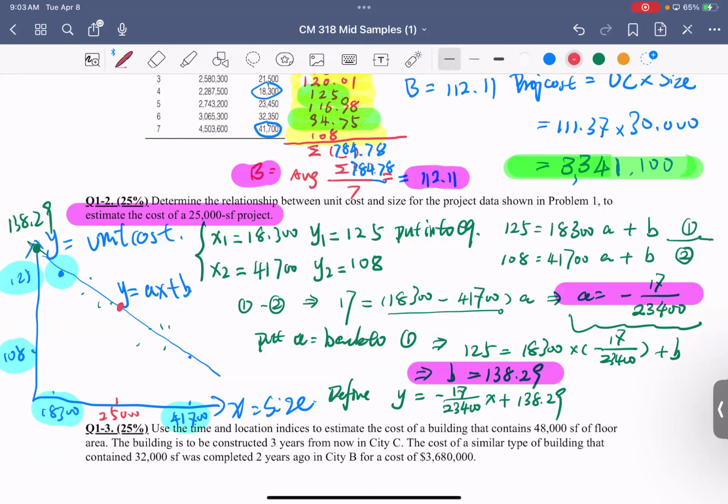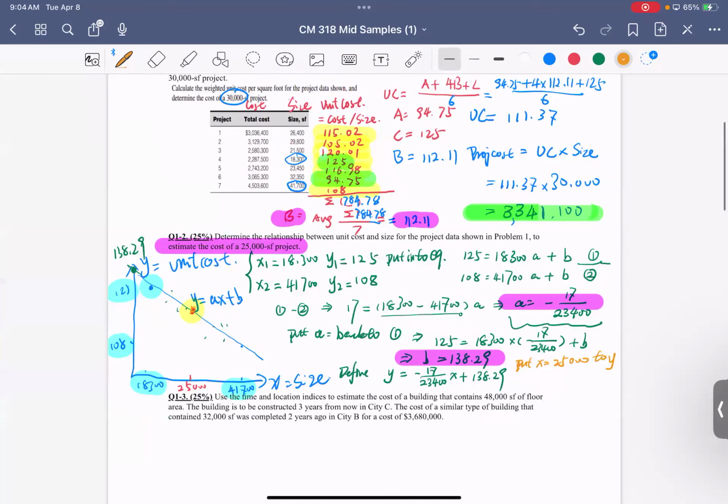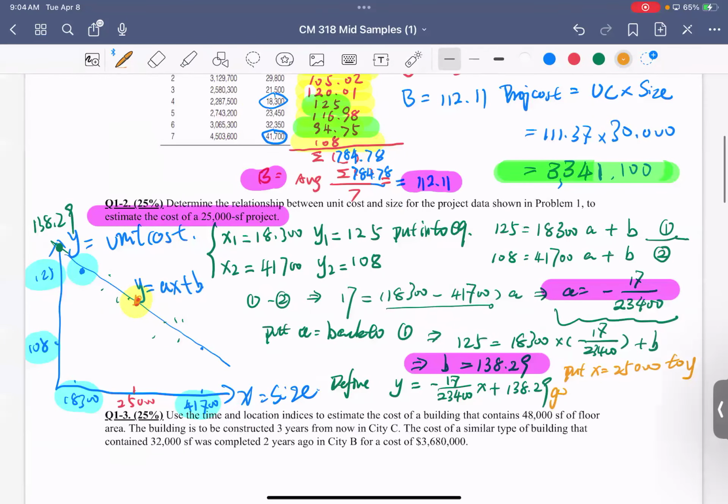That basically means you're going to put it back in: put X is equal to 25,000 into Y, and you will get Y is equal to this times 25,000 plus 178.29.